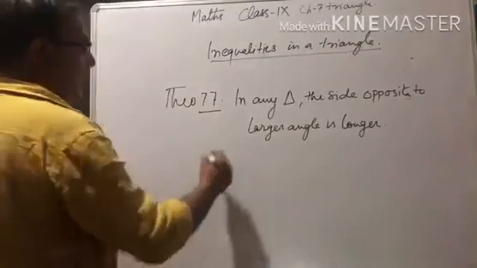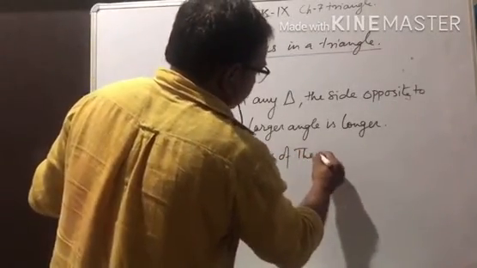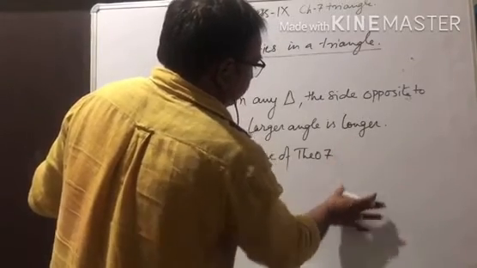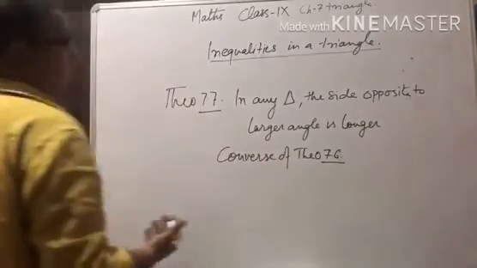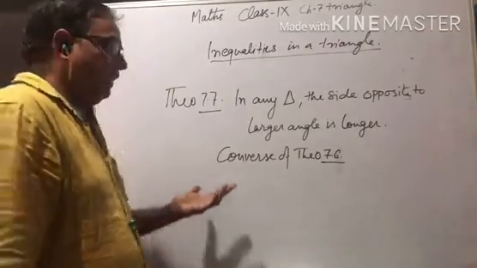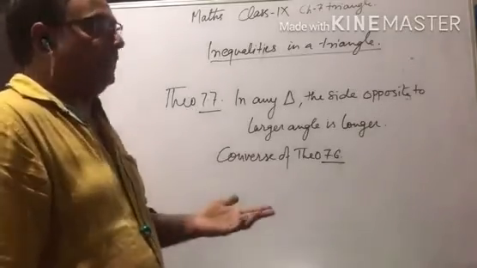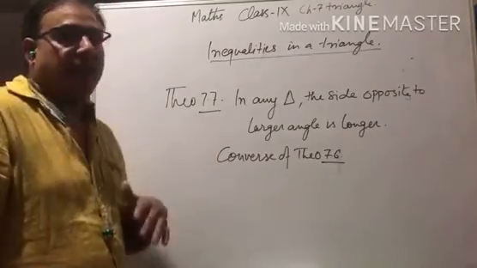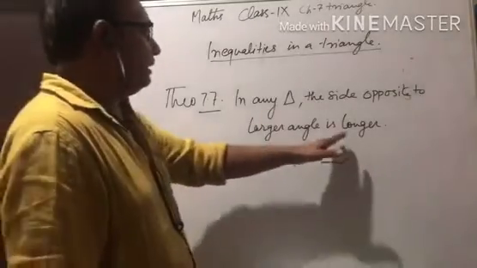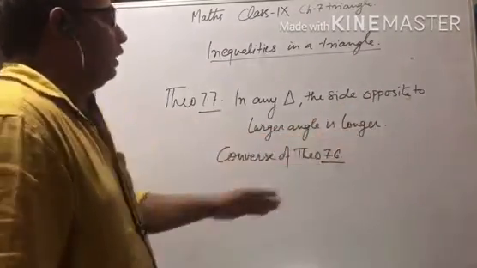Basically, this theorem is the converse of theorem 7.6. In the previous theorem, we learned that if the side is greater, then the angle opposite to it is greater. And if the angle is larger, then the side opposite to the larger angle is longer.